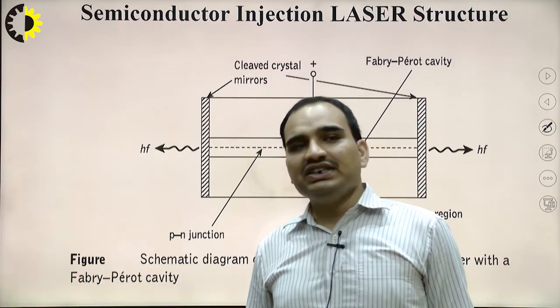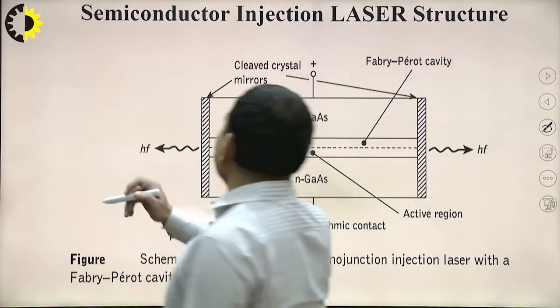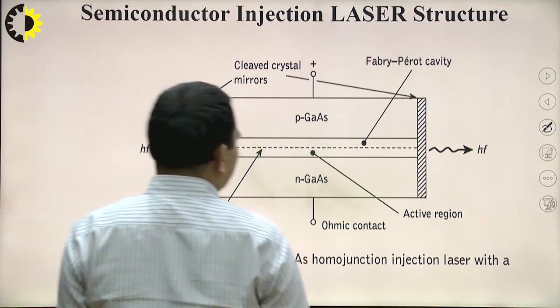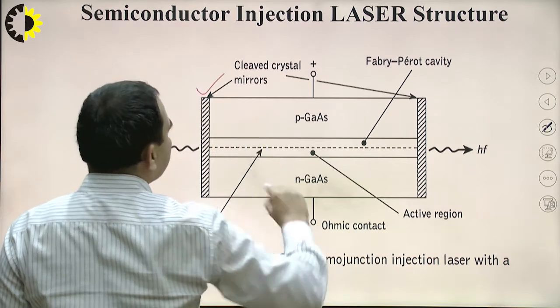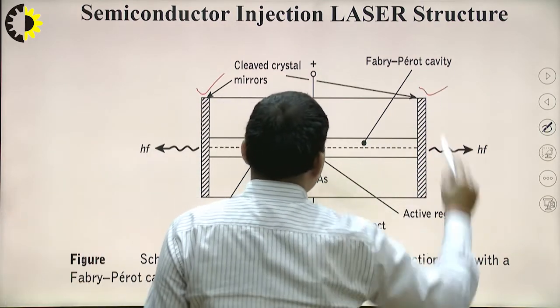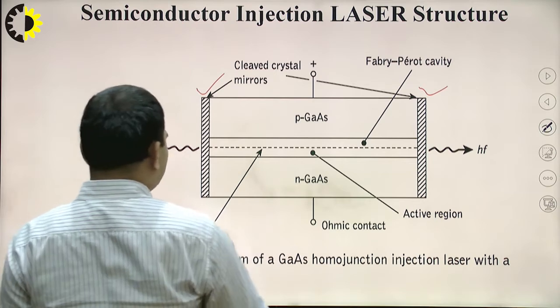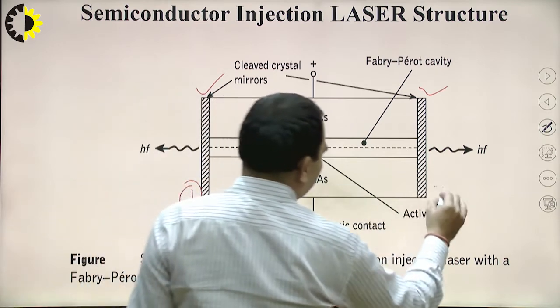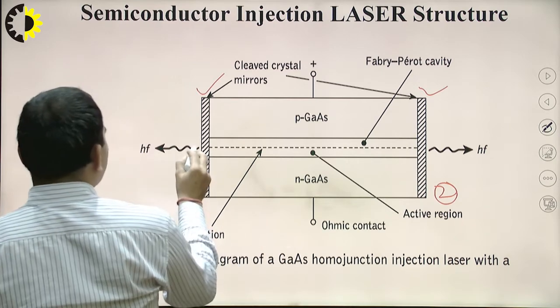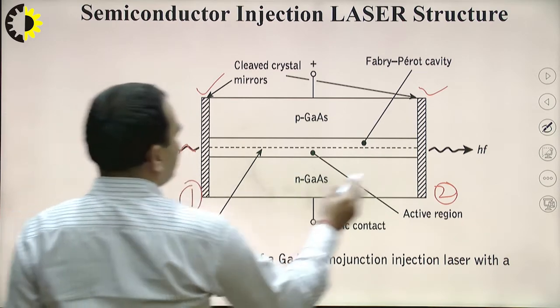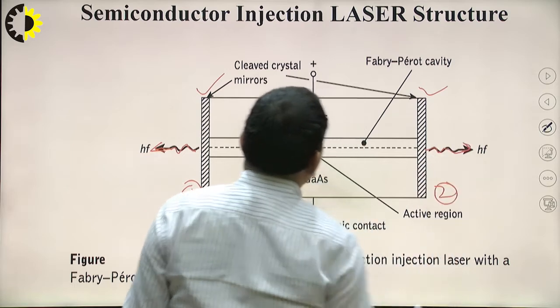So, as we can see in the figure, we have the semiconductor injection laser structure. Here we have the cleaved crystal mirrors, forming a Fabry-Perot cavity with these two mirrors, mirror 1 and mirror 2. Here we can see the energy is released in the form of h nu on the left as well as the right.